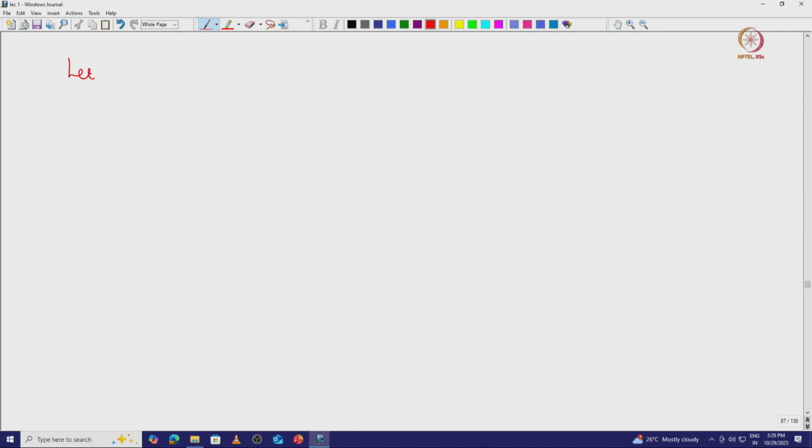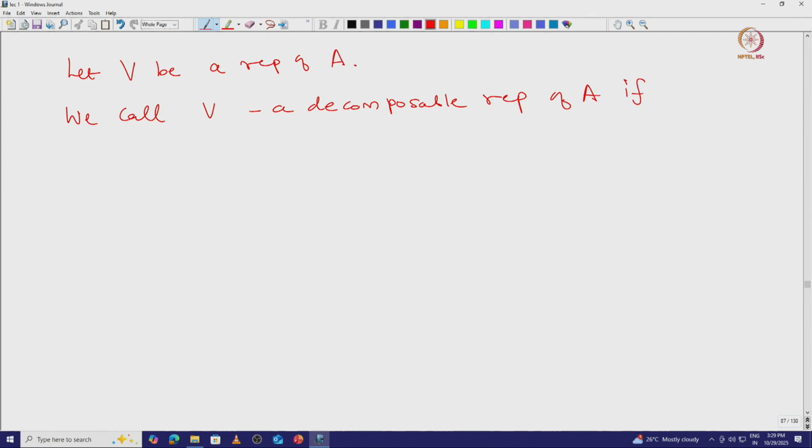So, let V be a representation of A, and we call V a decomposable representation if V is isomorphic to a direct sum of two non-trivial representations.